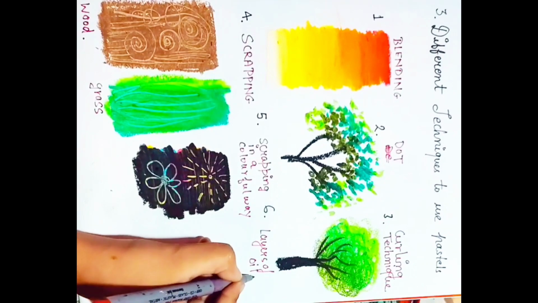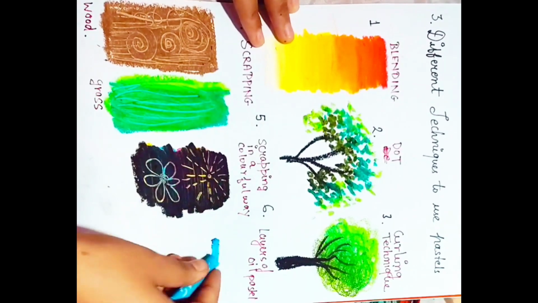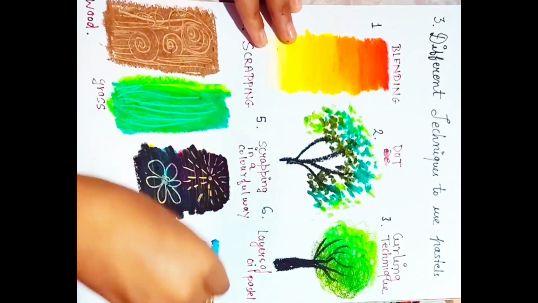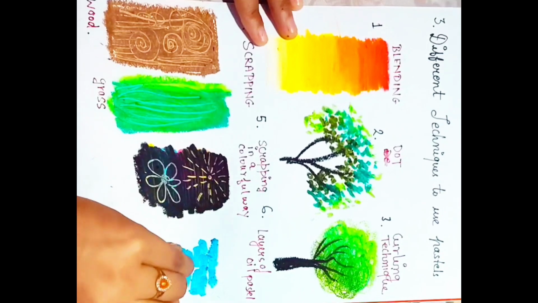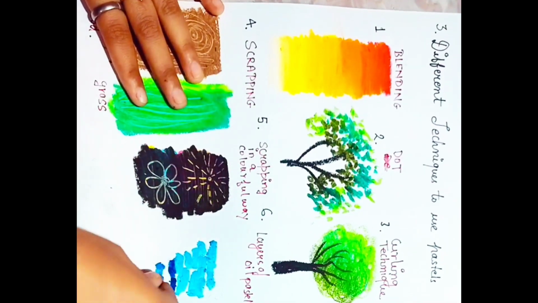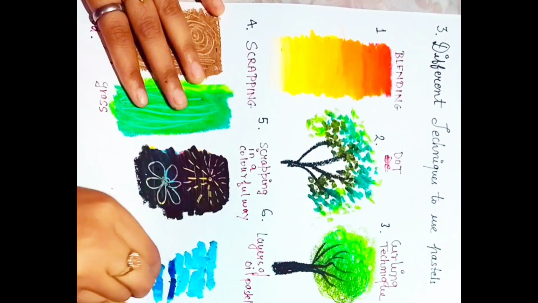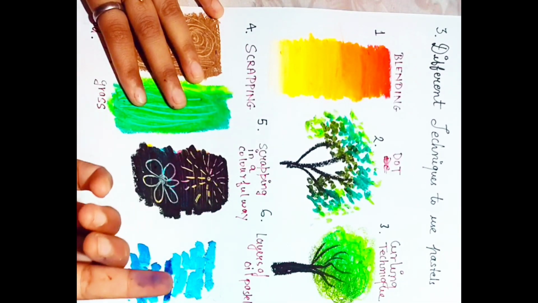So yeah. And the sixth one is layering of oil pastel. Now this is very trending nowadays. What you have to do, first of all, you have to cut some pastels. You have to scrape with a spatula. You have to smudge it and mix well, make a solution-like thing, or you can say a cream-like oil pastel consistency.